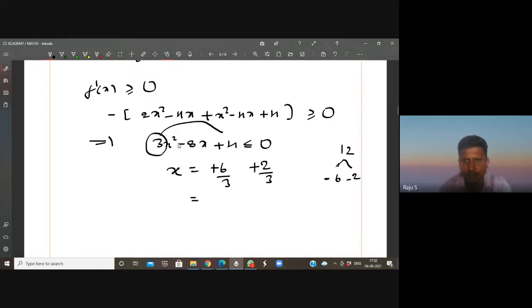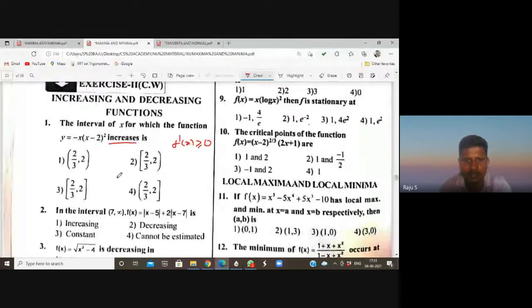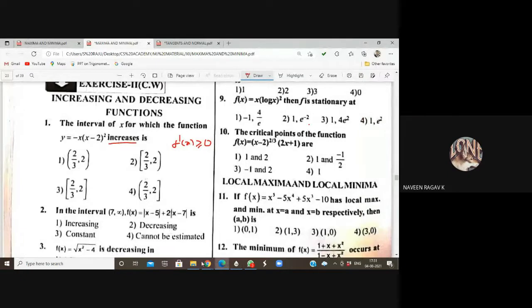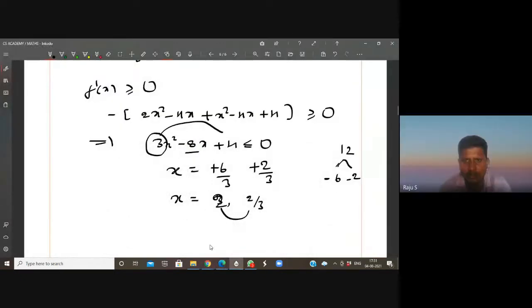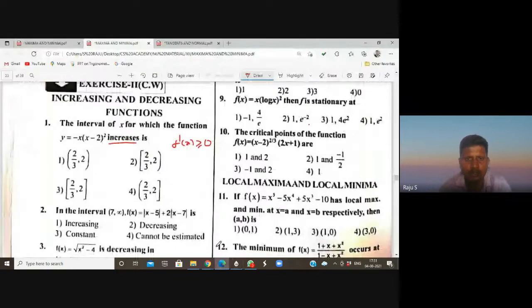Here minus 6 minus 2 becomes minus 8. So the x values we got: one is 2, another one is 2 by 3. So what is the highest value? 2 by 3 is the least value, and 6 by 3 is 2, sorry, 2. So which one is the correct answer?